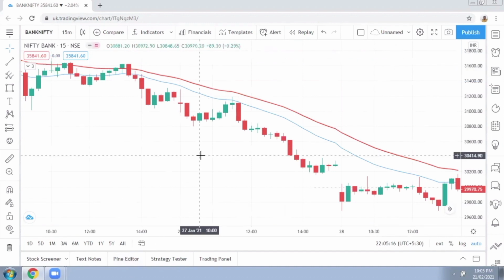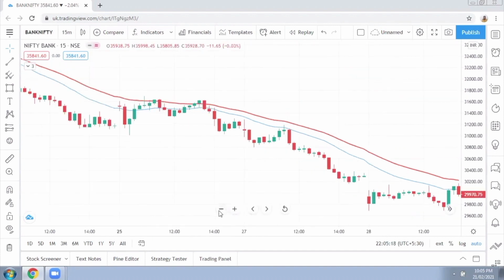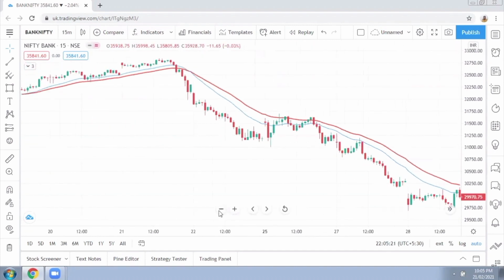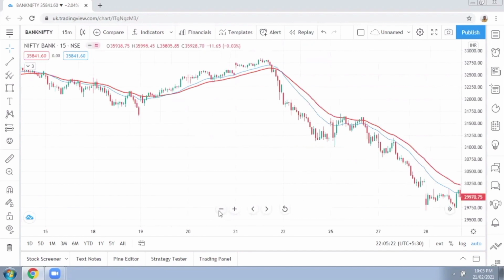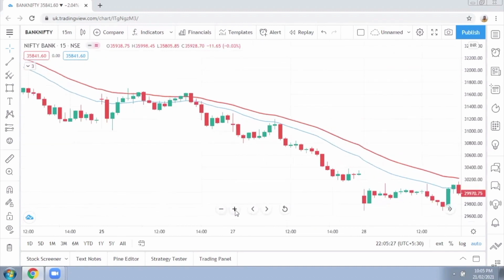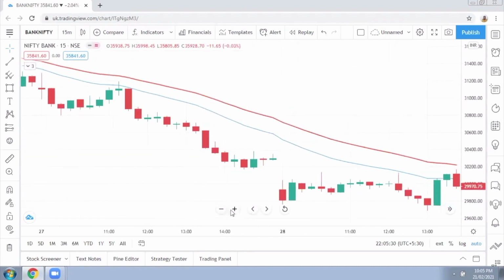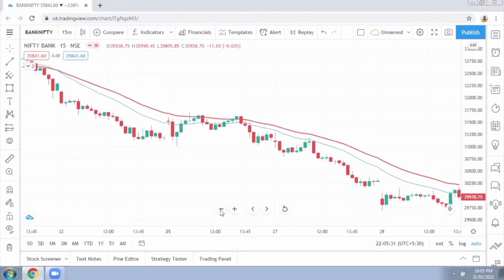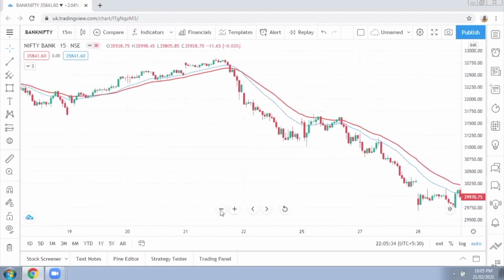Obviously we will have some stop losses also, but the beauty of this strategy is that whenever the stop loss hits, it will be very small, and whenever we get trending moves like we have been getting for the last 2 or 3 days, we can capture very good points, or we can make very good profits. So it again depends on everyone's personality, what type of target he wants to take from the market.